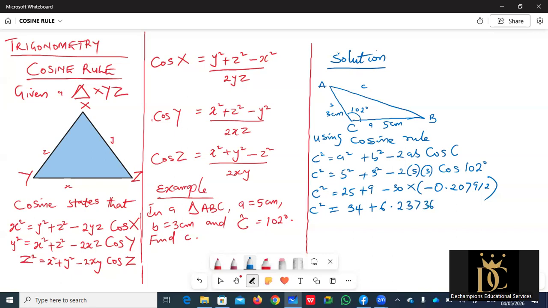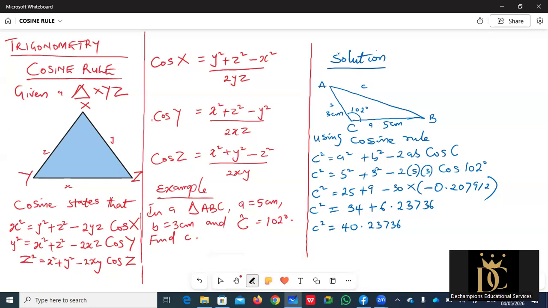So now adding the two values, adding 34 and 6.23736 together, what will it give you? Plus 34. That gives you 40.23736.